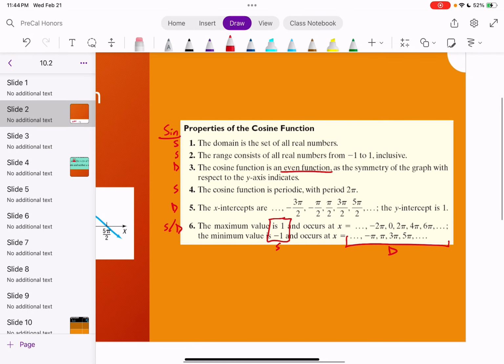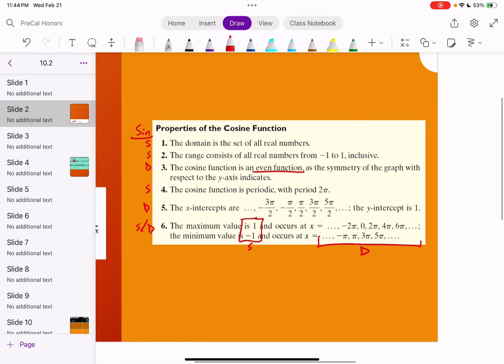Now, the cosine function is the same as the sine function in the fact that the period is still 2 pi. What will occur, though, is that you will have different sets of x-intercepts and y-intercepts. Although the period is still occurring and the distance in between the points is the same, you will still run into a different set of x and y-intercepts.